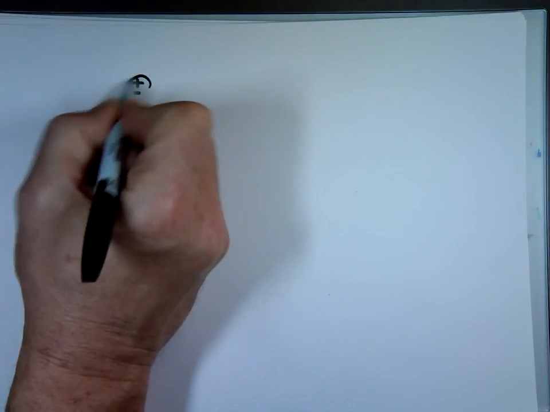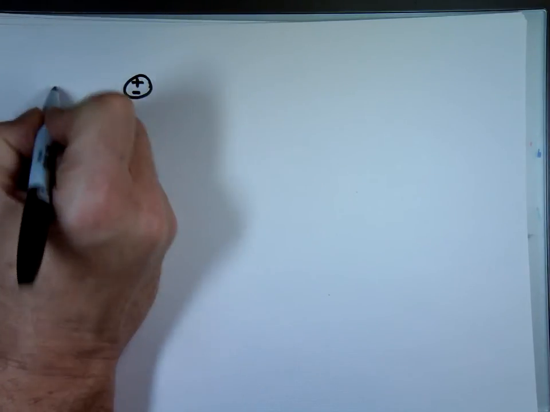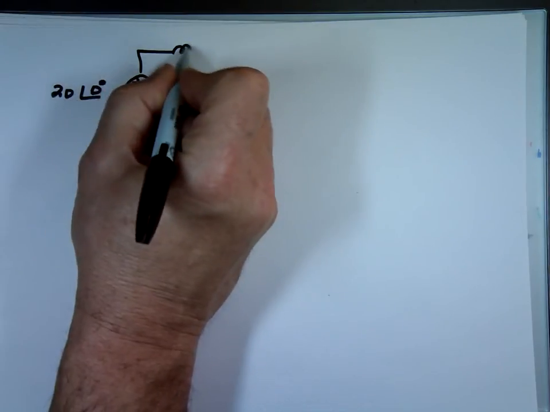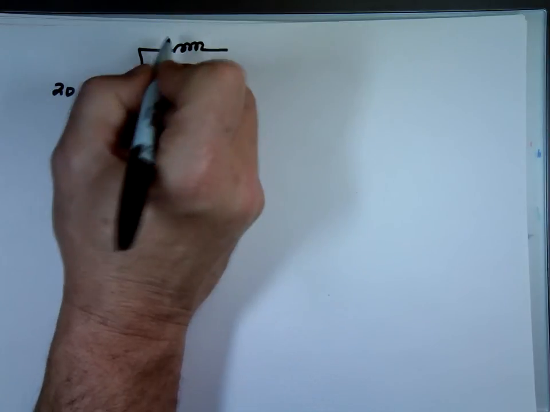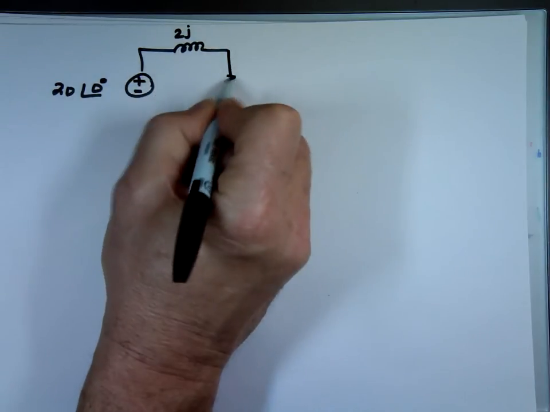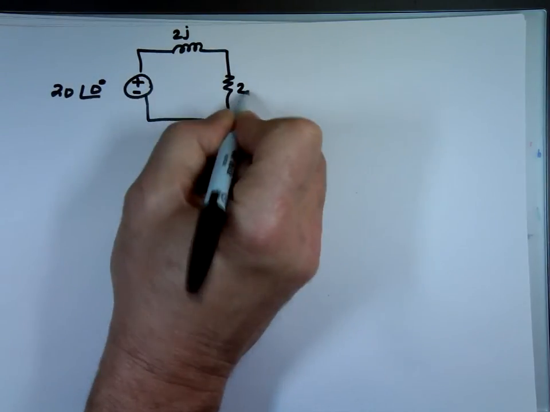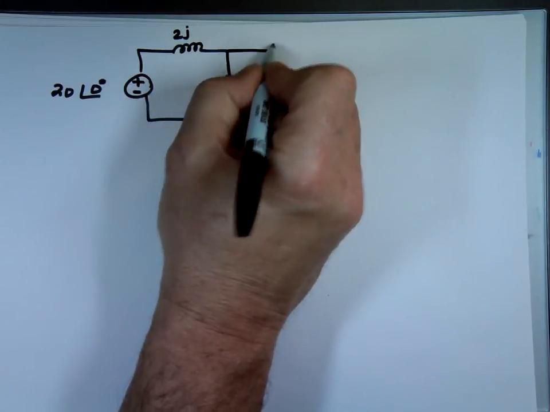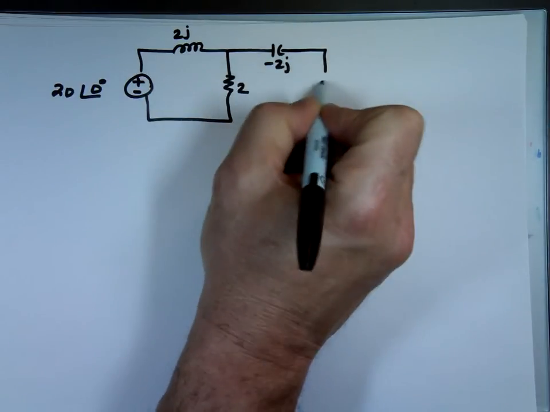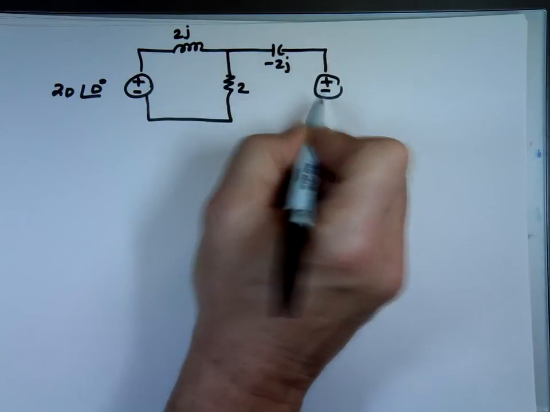Here's my circuit. 20 angle 0, J2 or 2J, 2 ohms, negative 2J, another voltage source here, 10.